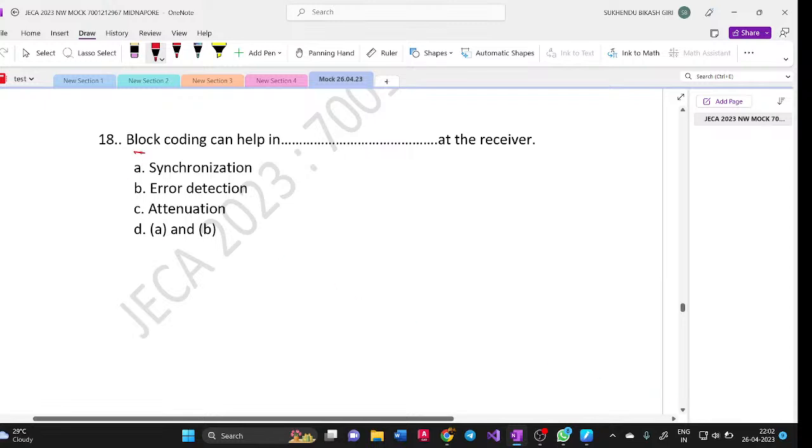Block coding can help in which of these at the receiver side? Synchronization, error detection, attenuation, or both A and B. That means synchronization and error detection. Answer it in the comment section.